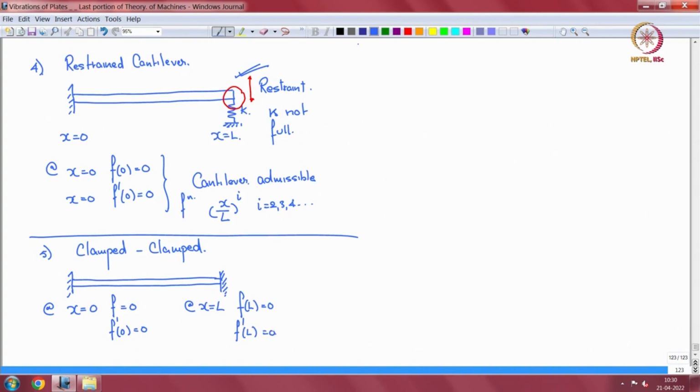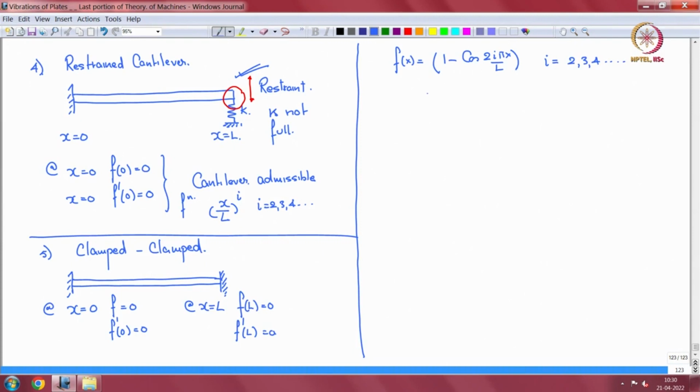So what admissible functions hold? Here f of x equals 1 minus cos of 2 i pi x by L, i equal to 2, 3, 4, etc.